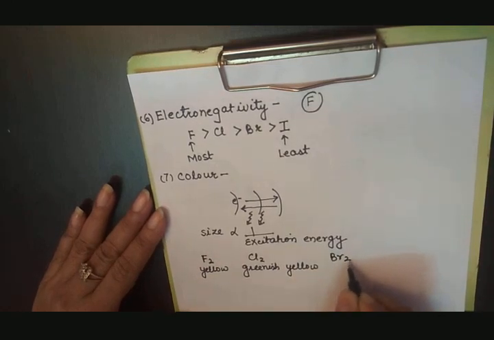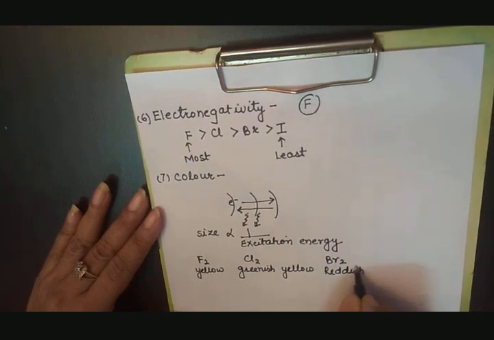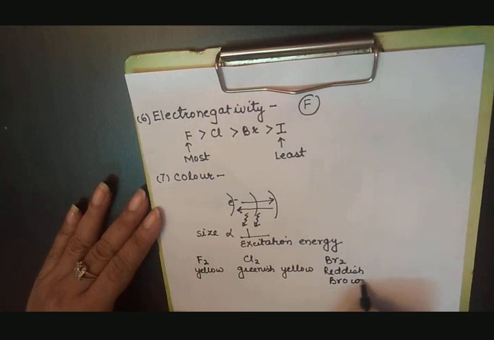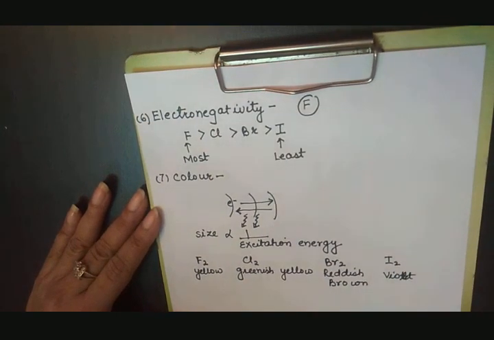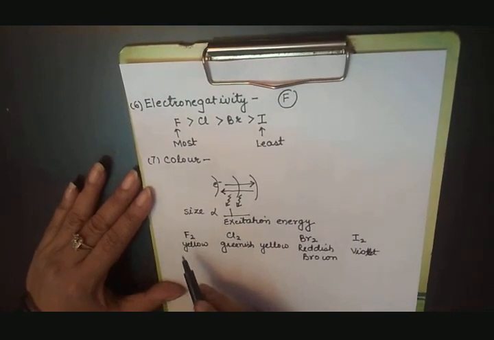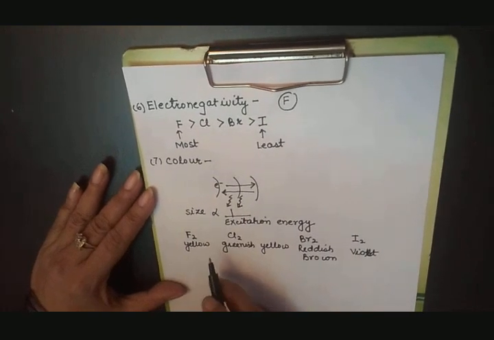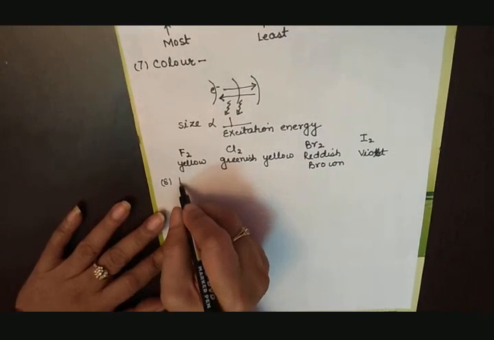Bromine is brown or reddish brown, whereas iodine is purple or violet in color. Fluorine absorbs energy corresponding to the wavelength of violet light and emits energy corresponding to the wavelength of yellow light. Next property is bond dissociation energy.